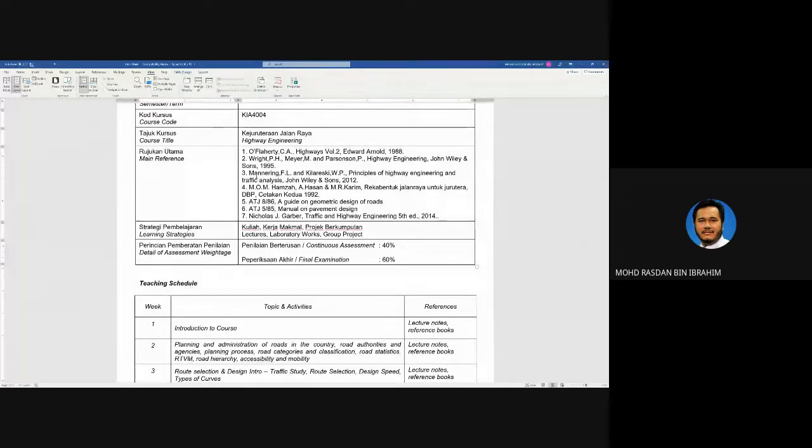Okay. Next reference, number 4 here, is actually in Bahasa Malaysia. This is a very old book written by Professor M.R. Karim, who used to be our professor in our department. And then this is also a very important reference: Arahan Teknik Jalan 8/86, ATJ, a guide on geometric design of roads.